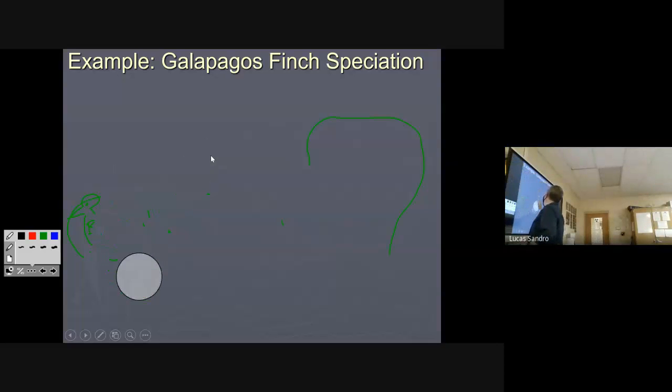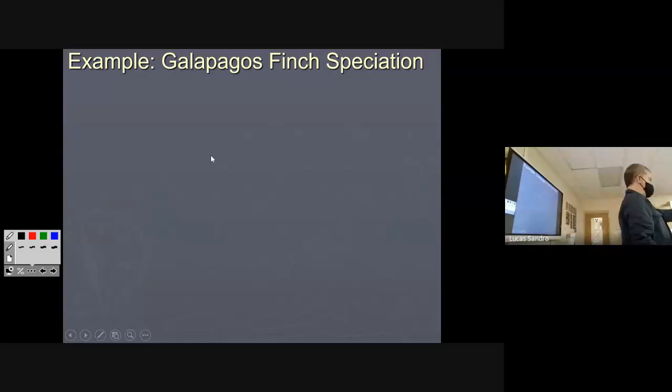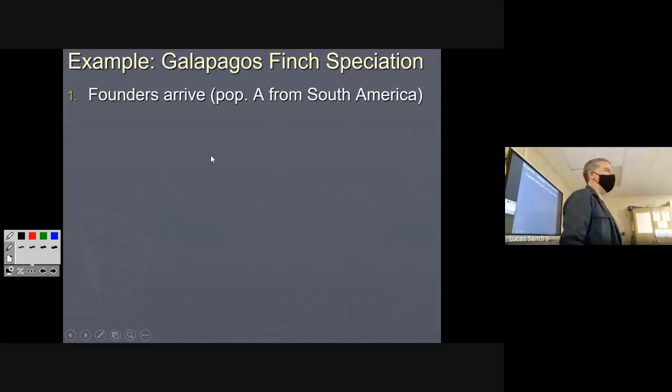The kind of remarkable thing about Galapagos finches, the reason scientists have studied them for so long, is that from one species of South American finch that got, I don't know, blown off course from South America and wound up on the first Galapagos island it wound up on, we now have 13 different finch species.